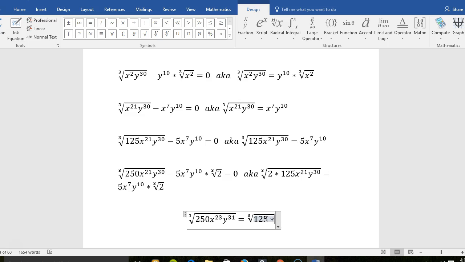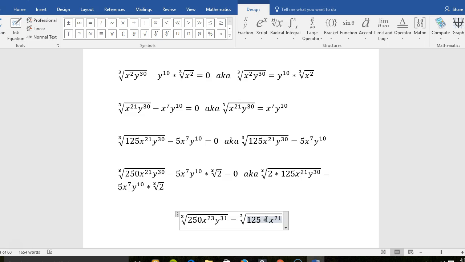Now x to the 23rd, since we're doing the cube root, what's the biggest multiple of 3 that is still smaller than 23? Well, that would be 21. So I do times x raised to the power of 21.